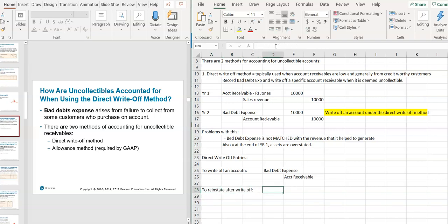To reinstate it, I just reverse the entry above. So I would put his account receivable back on. I would credit the bad debt expense. And then once again, since this is in year 3, it's messing up year 3's financial statements as well. And then I can record the cash and the account receivable just like normal.